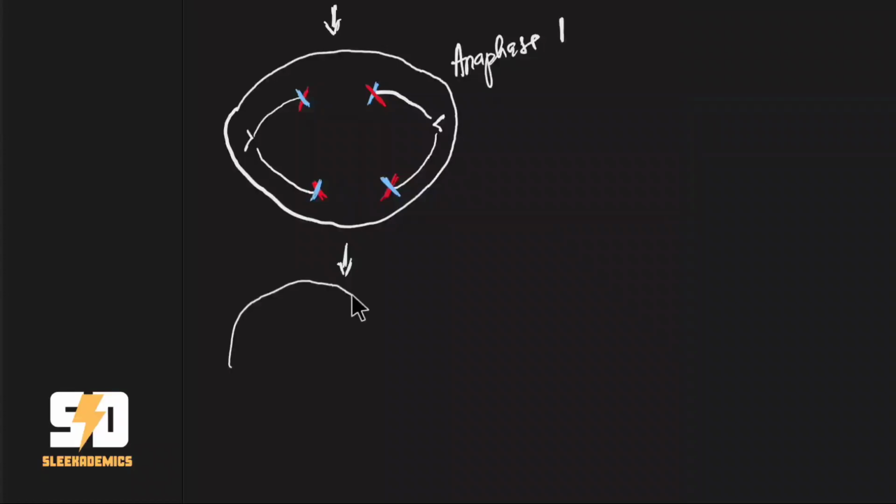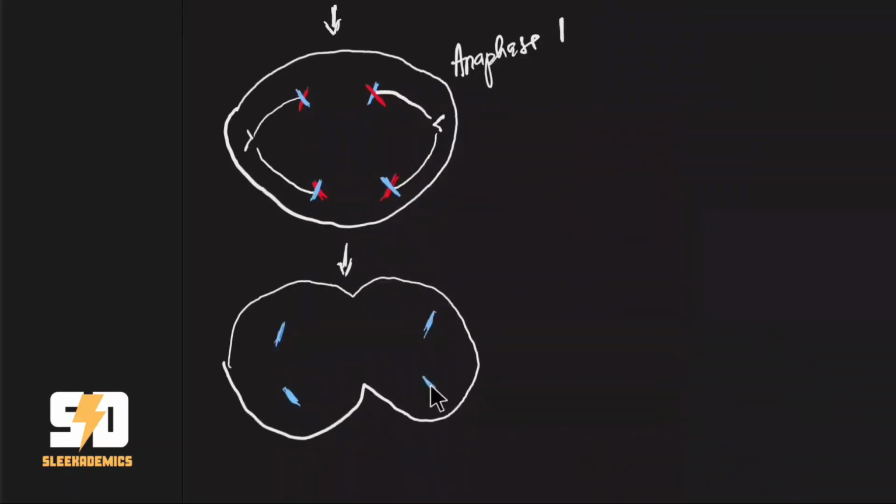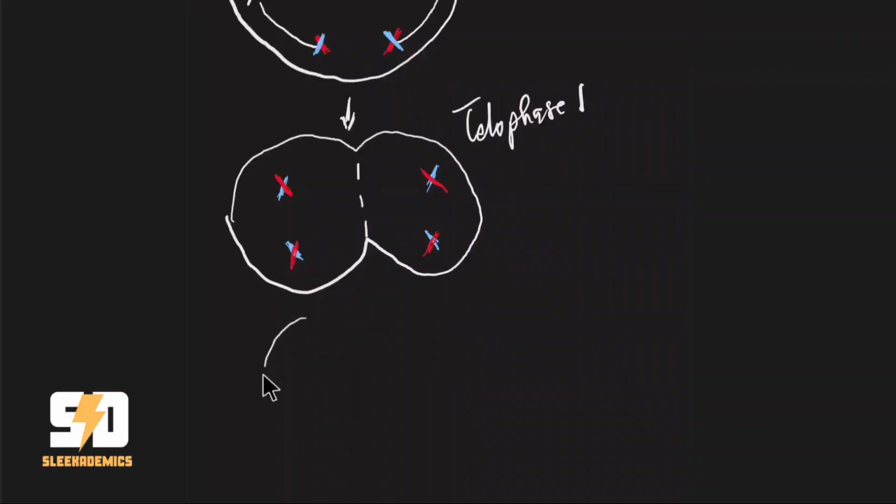Now in telophase 1, still cytokinesis is going to happen. That means the cell is going to divide. And also there will be complete division of the cell. So this is telophase 1. All right, and then we'll have independent daughter cells.